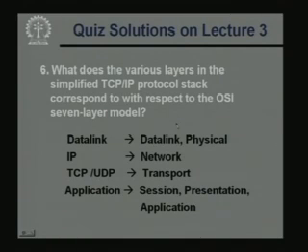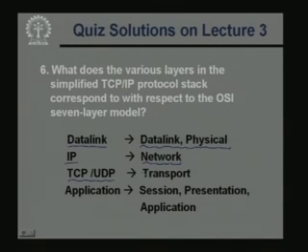What do the various layers in the simplified TCP/IP protocol stack correspond to with respect to the OSI 7-layer model? This also we have discussed. In the TCP/IP suite, whatever we refer to as the data link layer is actually a combination of the data link and the physical layer in the OSI. The IP layer is the network layer equivalent in OSI.